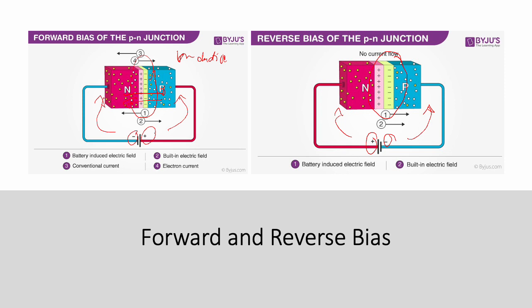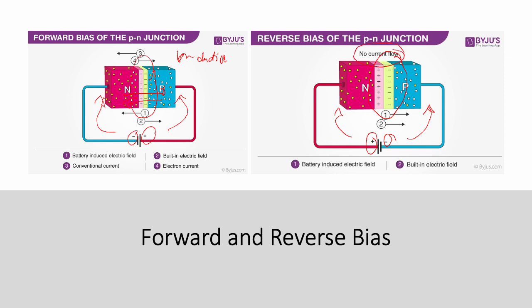In this configuration, only a very small leakage current, called the reverse bias current, can flow through the junction, and the majority of charge carriers are prevented from crossing the junction, meaning there is no current flow.